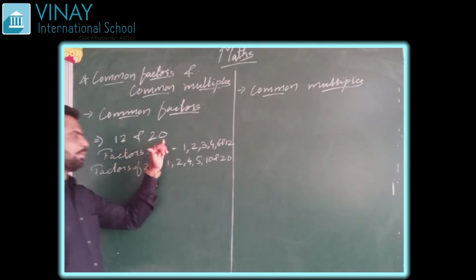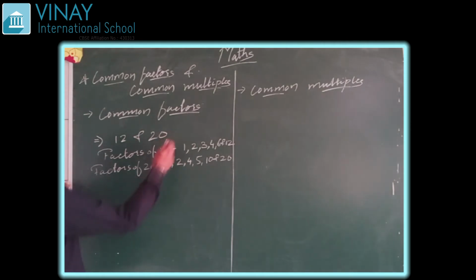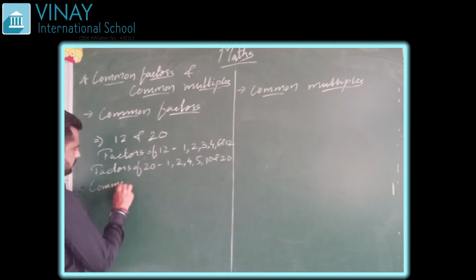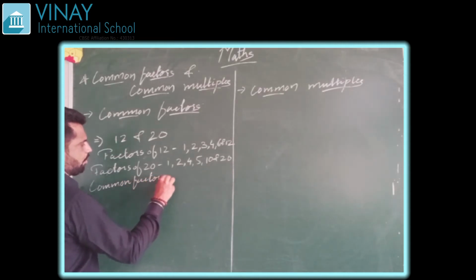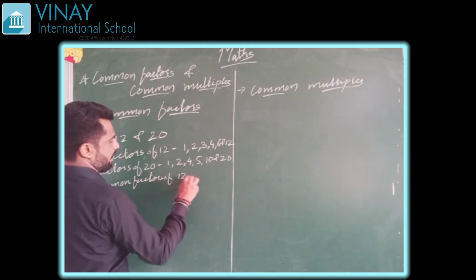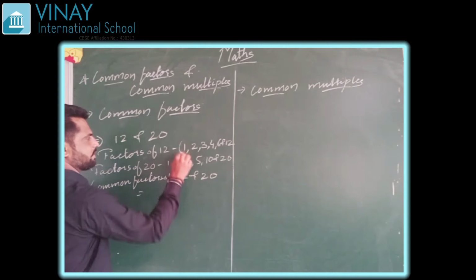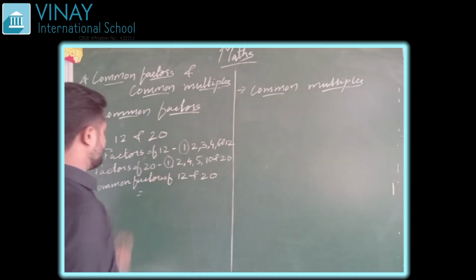Now here are both the factors of 12 and the factors of 20. Now we have to find out the common factors of 12 and 20. So 1 is common in both 12 and 20.